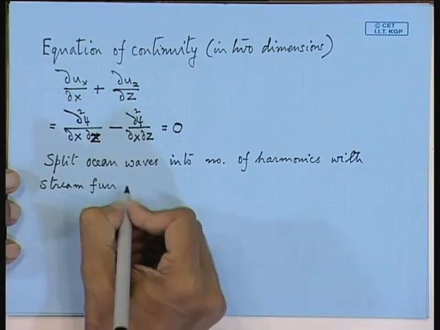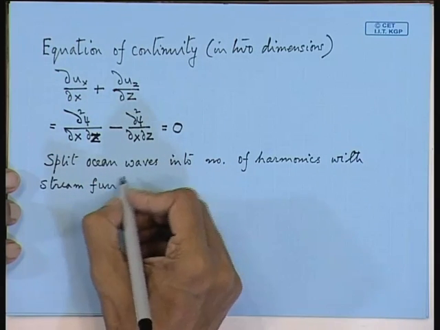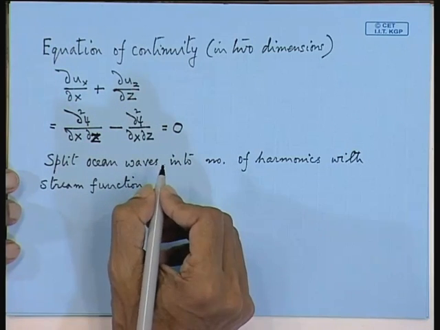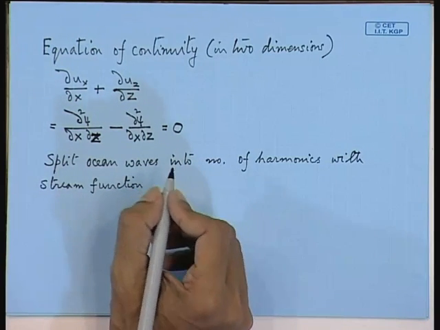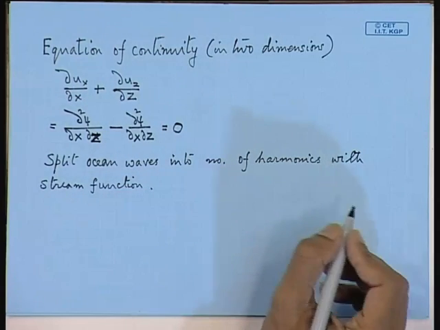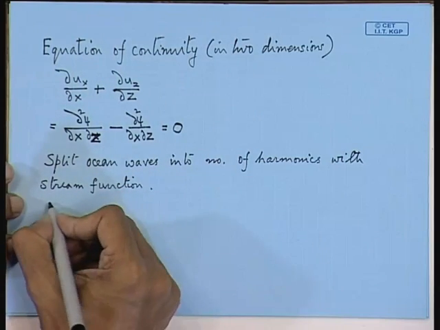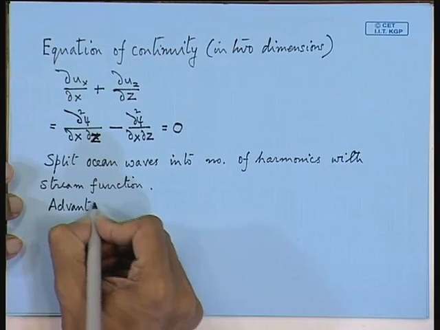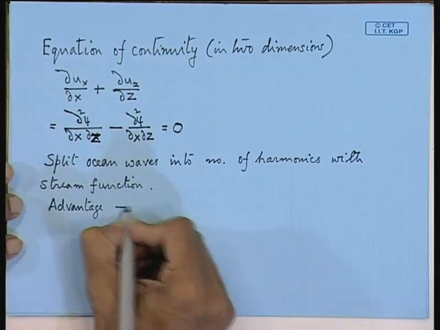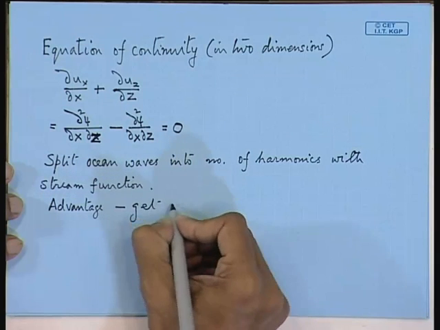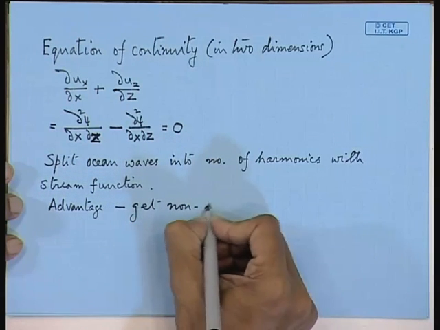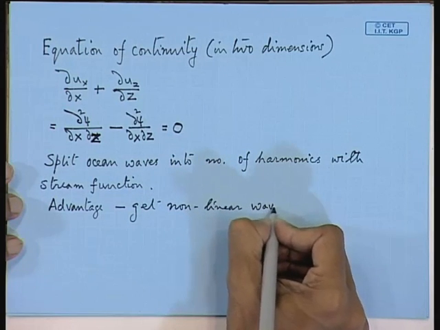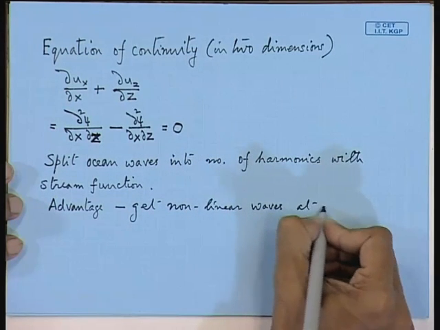But here, you will find in the Stokes example, that it is a sort of iterative example, isn't it? But here actually in one shot you can find out the nonlinear terms. So the advantage is you get nonlinear waves at one go.